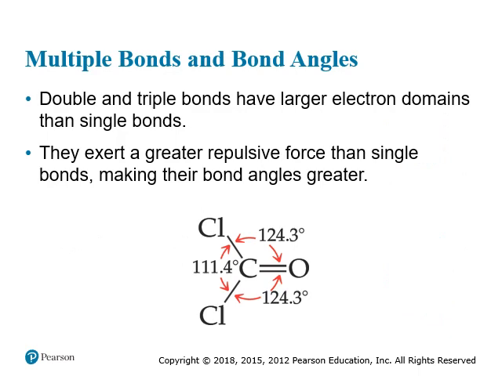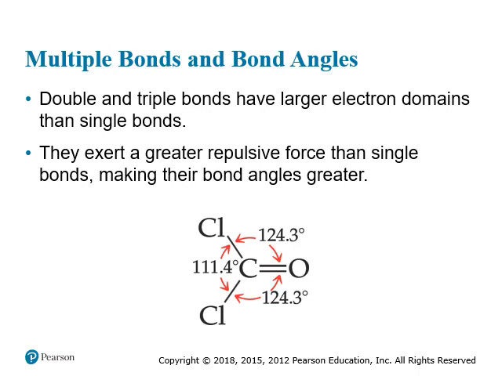We see a similar phenomenon when dealing with multiple bonds. Double bonds and triple bonds have more electrons between the two atoms. Therefore, their sphere of influence is greater as well.